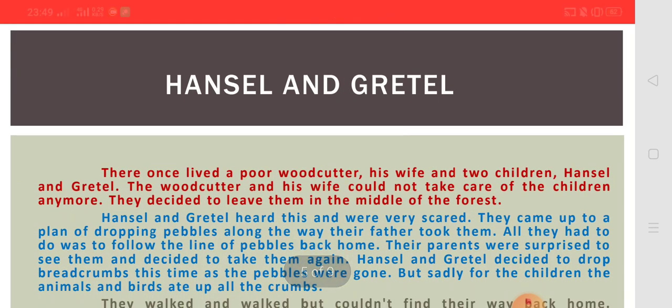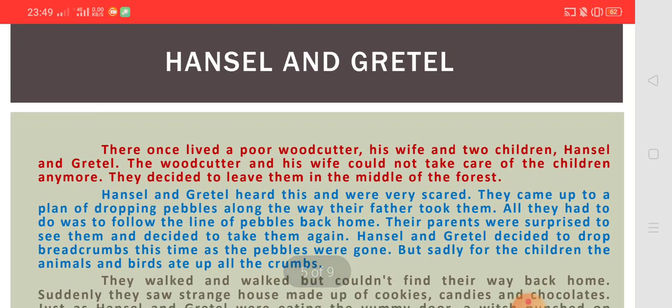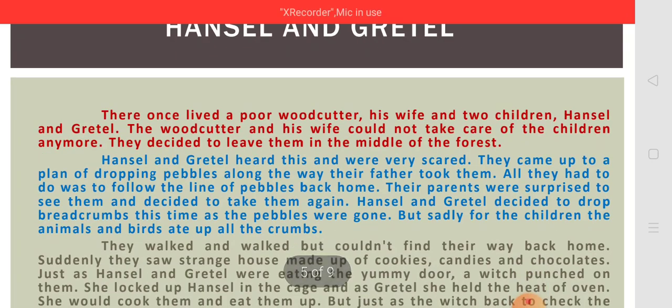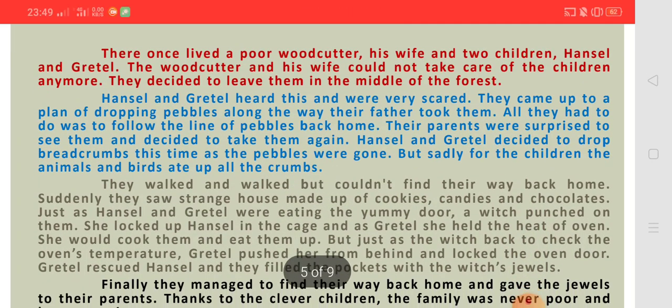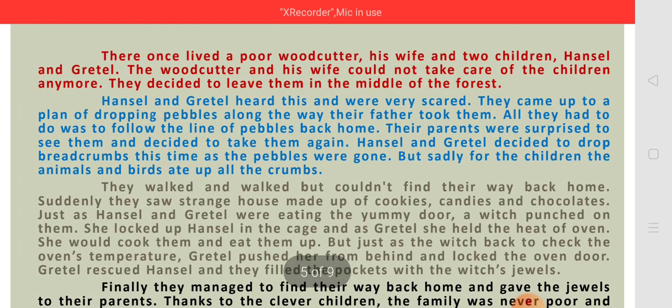Next, the example of a short story or narrative text is titled Hansel and Gretel. There is a story you can see from the slide about Hansel and Gretel. There are 4 paragraphs that you can read.